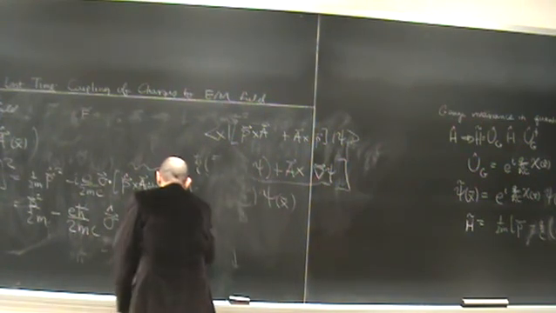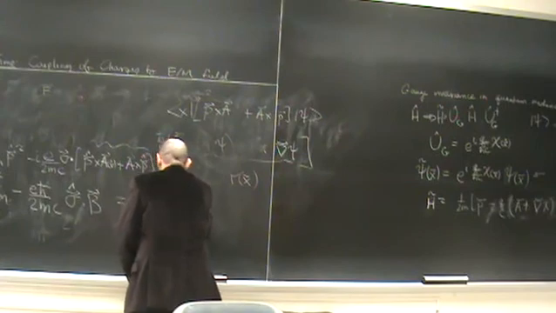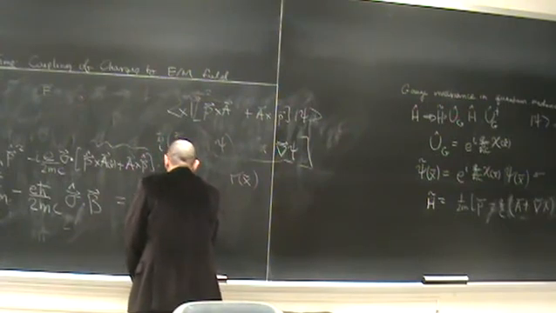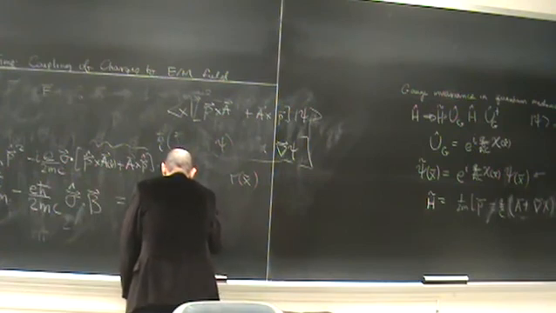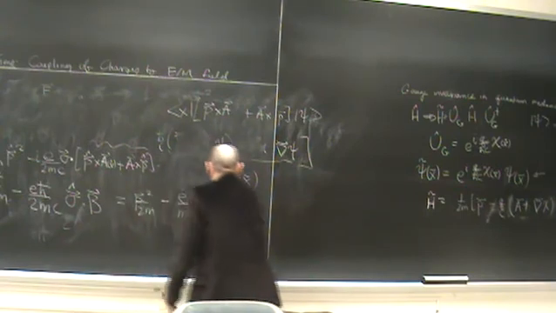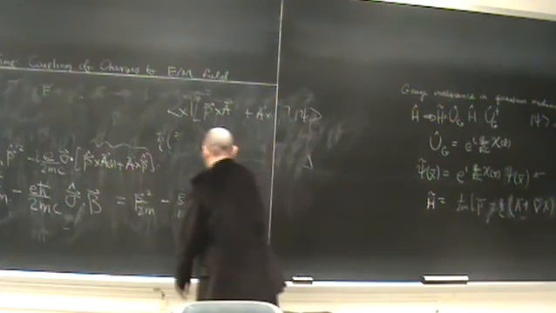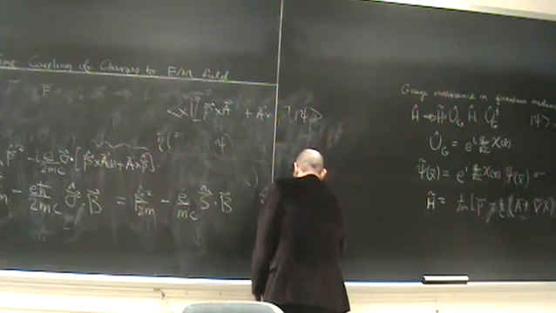This is equal to minus e over mc, S dot B, where S is h bar over 2 sigma, right?